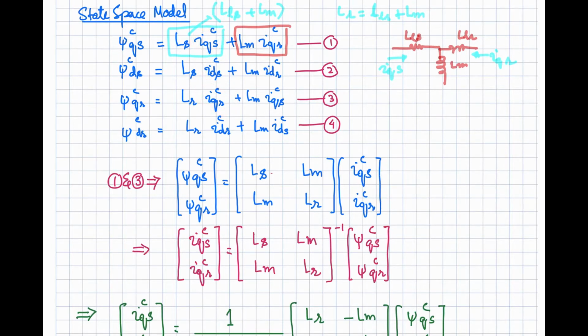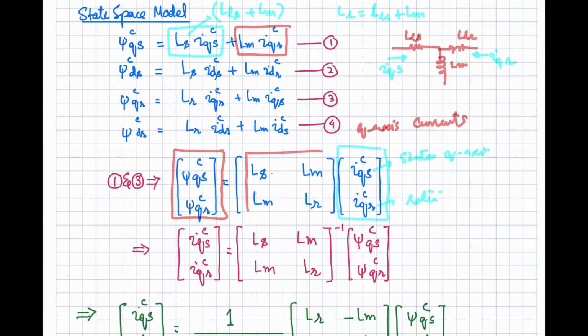This is the stator q axis current and this one is the rotor q axis current. So you have basically related the q axis currents with the q axis flux linkages in terms of the inductances. Here you can see the inductances.